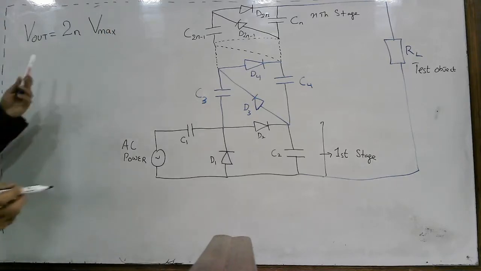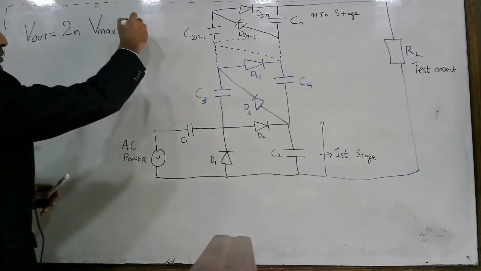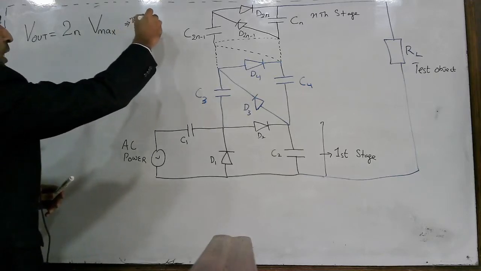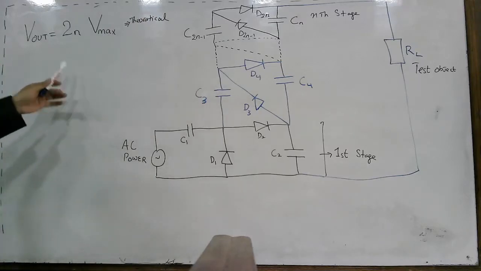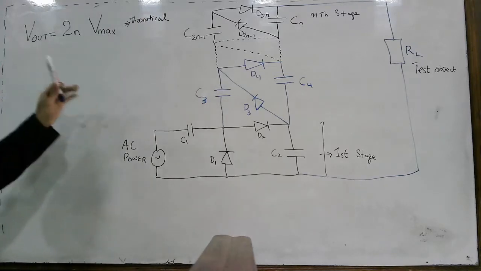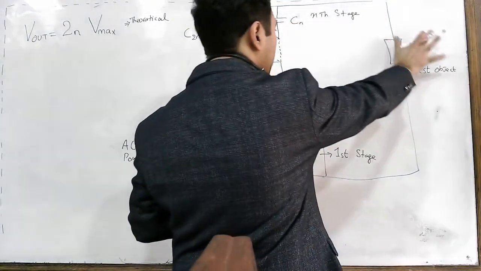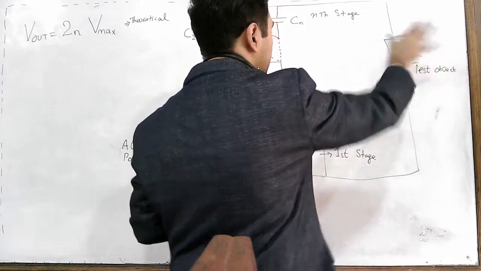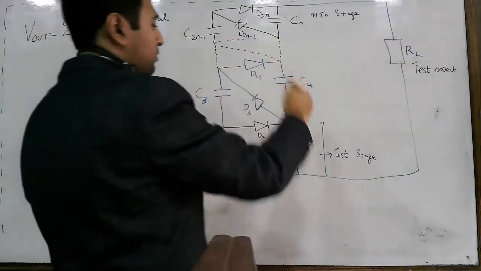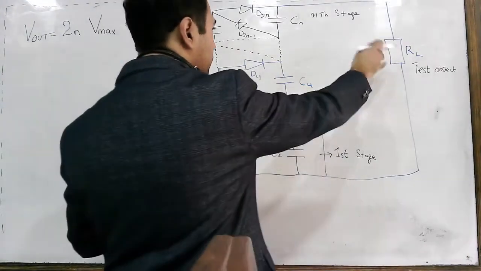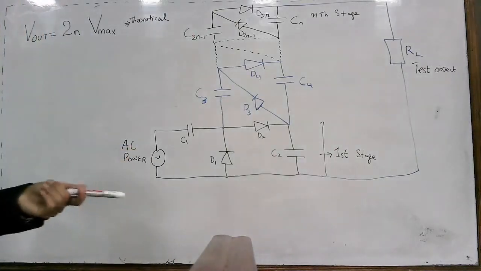It is actually doubling up the voltage, but this is the theoretical value. Interestingly, you cannot achieve this voltage practically, because this is the value when your Cockcroft-Walton circuit has no load, no test object. Under that condition it is able to develop this voltage, but when you connect the test object, the output voltage is not twice.